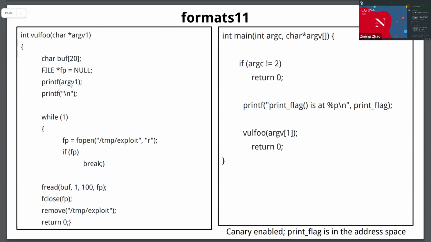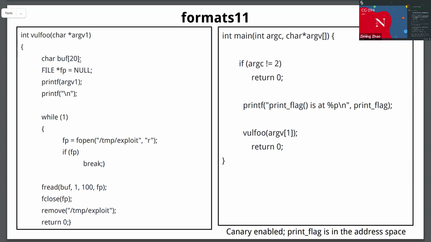This is where the format string vulnerability is. Then let's just print out a new line. Then there is a while loop. The while loop will read input from this temp exploit file. It will read 100 bytes from that file. It will read to the buffer.